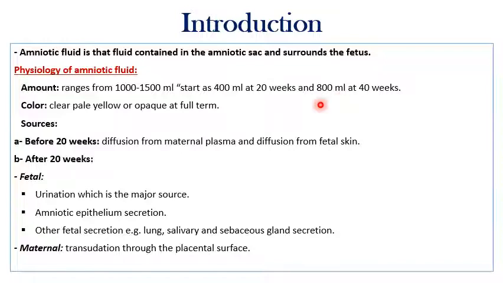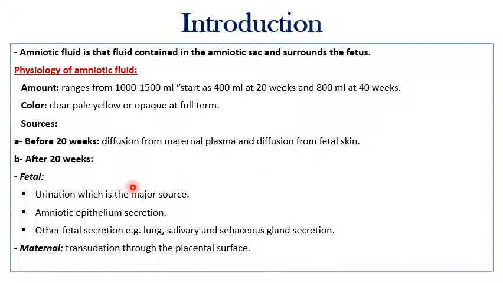Don't forget the range from 1 to 1.5 liter. It is a clear, pale yellow or opaque fluid at full term. It is formed before 20 weeks by diffusion from the maternal plasma and diffusion from fetal skin.